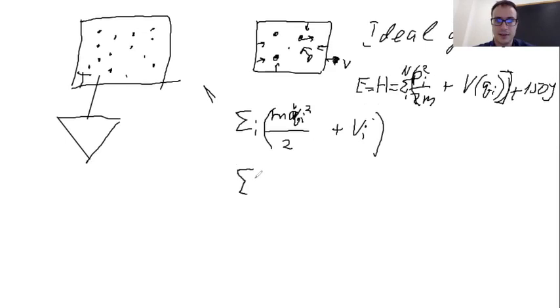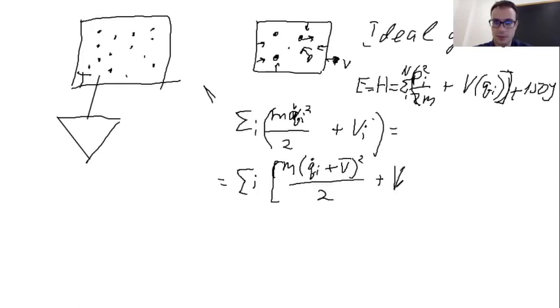Now we added everywhere a constant velocity. How would this change? That would give me m of (q i plus, let me put a bar, plus v) squared over 2, plus the capital V, the potential.